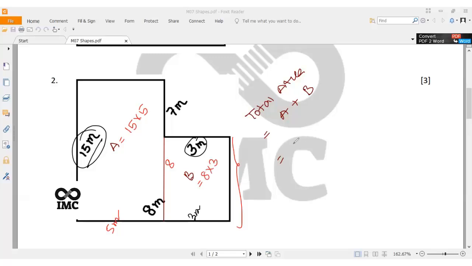So here total area will be 15 multiplied by 5 plus 8 multiplied by 3. 15 5s are 75 plus 3 8s are 24. Now we need to add, 99 meter square. And this is the solution of this problem.